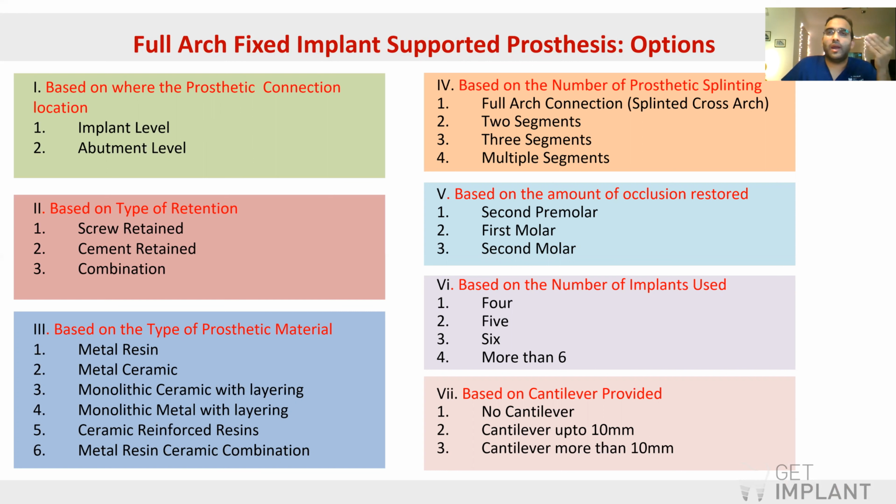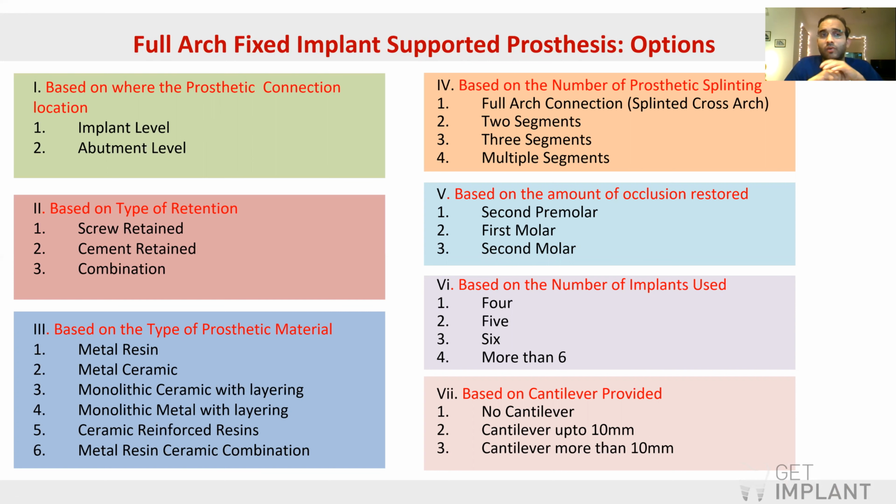And I think when I was practicing more in India, we used to do a lot of implant level prosthetics, even for full arch. And I think the more and more I've started doing abutment level prosthetics, I see the advantage, and I will talk a little more about that.